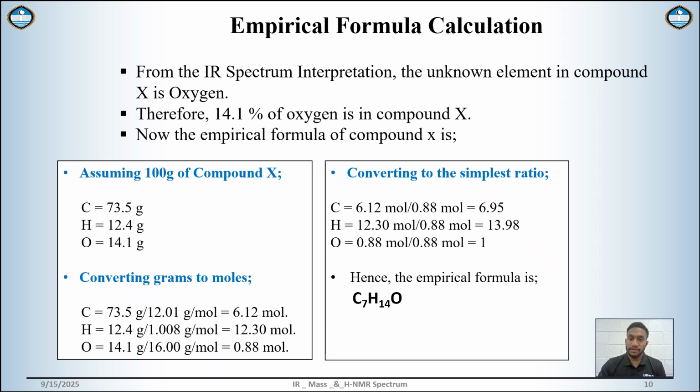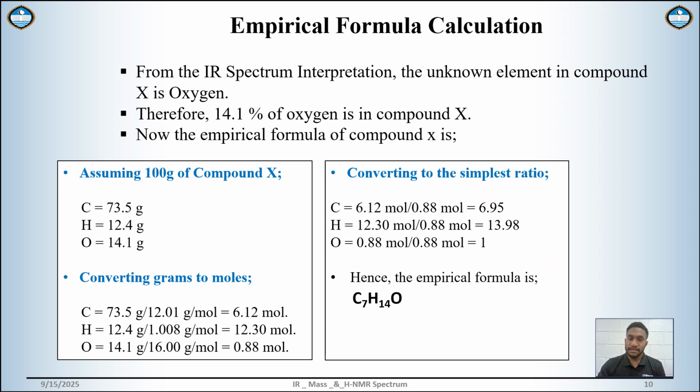Now convert to the simplest ratio. When converting to the simplest ratio, we divide by the smallest mole value, which is 0.88 from oxygen. Therefore, 6.12 mole divided by 0.88 mole gives 6.95, which is approximately equal to 7.